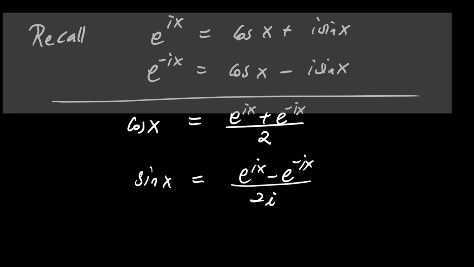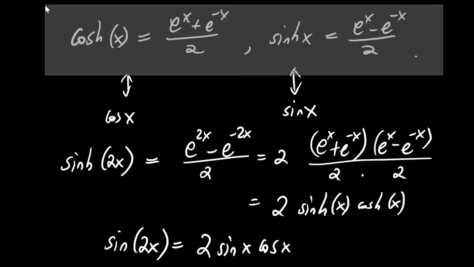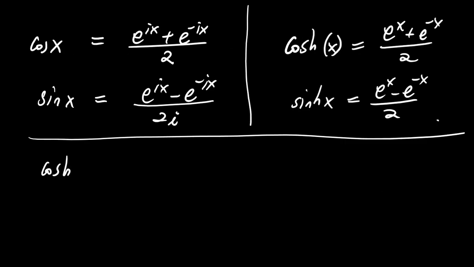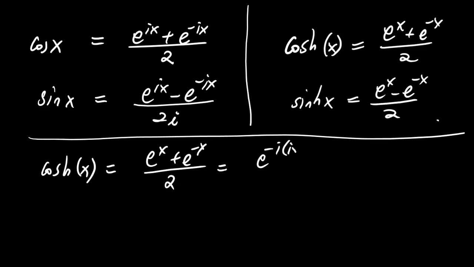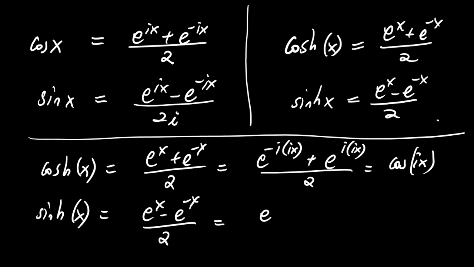With these definitions, we may compare with the definitions of hyperbolic sine and hyperbolic cosine. Hyperbolic cosine x equals (e^x plus e^(-x)) over 2, which is (e^(i(-ix)) plus e^(ix)) over 2, that is cosine ix.